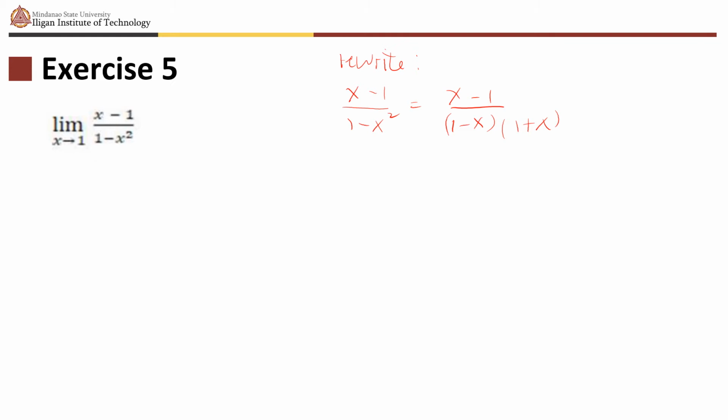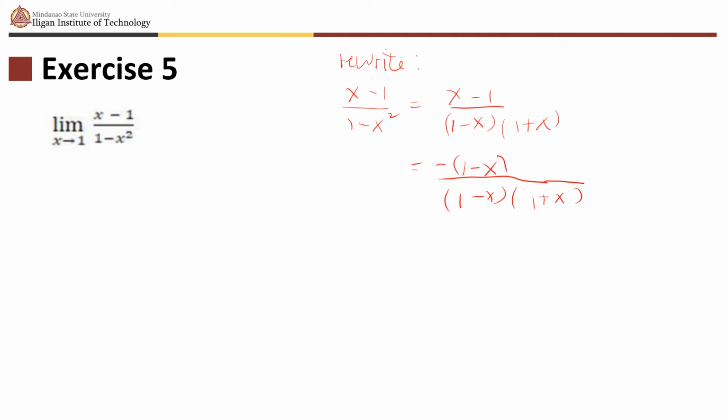Now to have the same factors, we can again rewrite x minus 1 into the negative of 1 minus x, because negative of negative becomes plus, all over 1 minus x times 1 plus x.